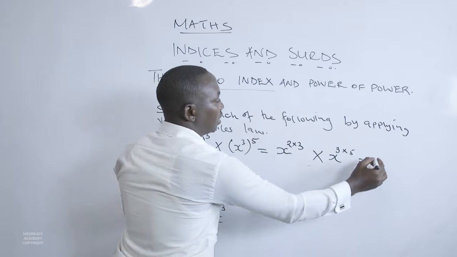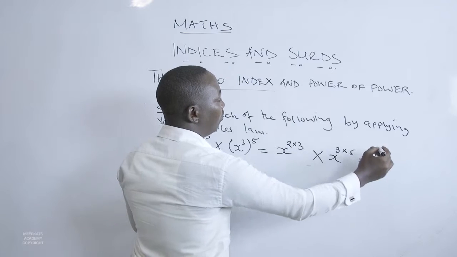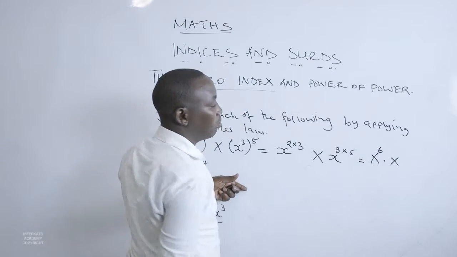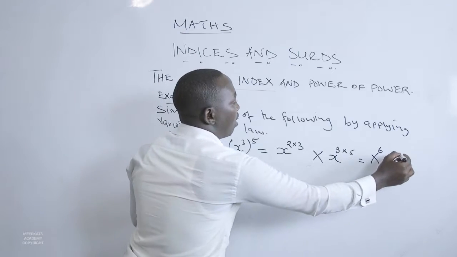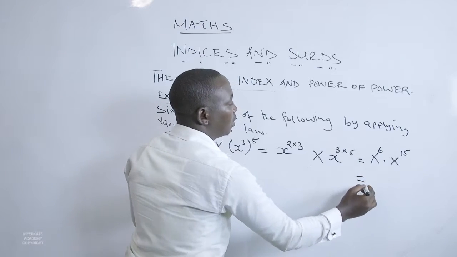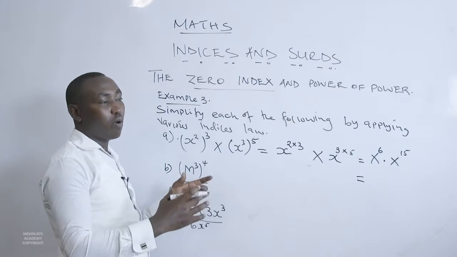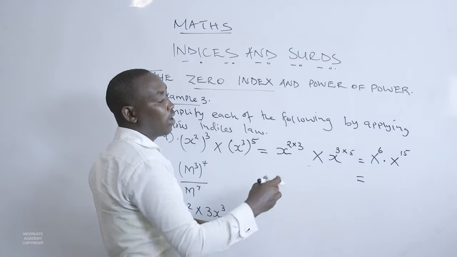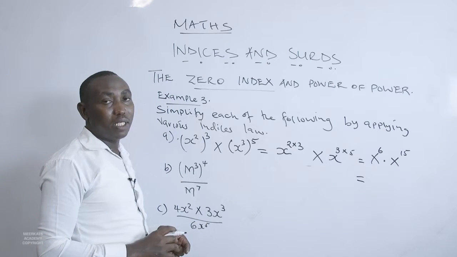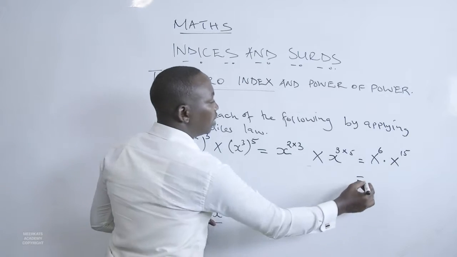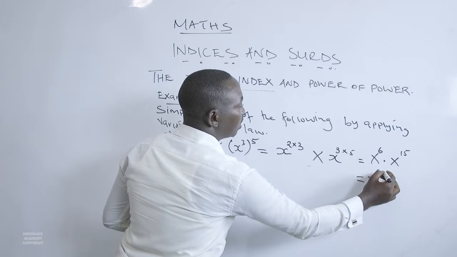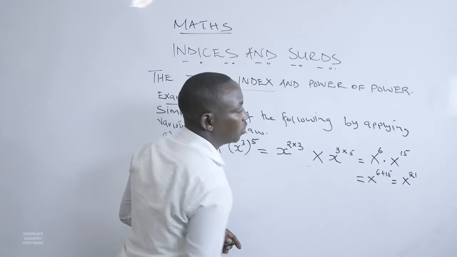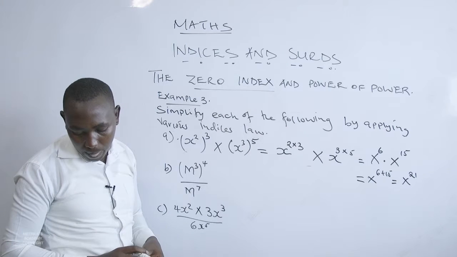This gives x raised to the power of 6 multiplied by x raised to the power of 15. When we combine that, we use the multiplication law, where we add the powers because the bases are the same. So this is x raised to 6 plus 15, which gives x raised to 21.